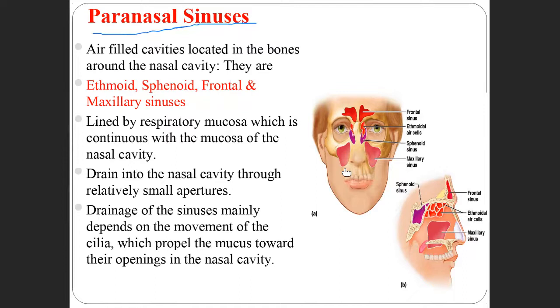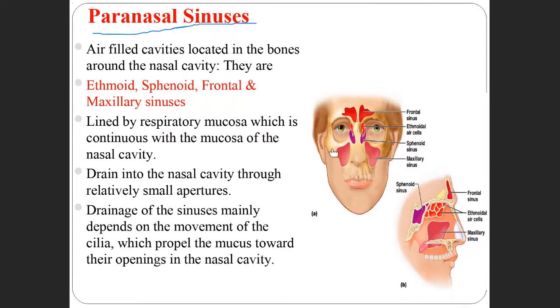Then what are the sinuses? These are air-filled cavities located in the bones around the nasal cavity. Why did I tell you the nasal cavity is important? Because all these sinuses open into the nasal cavity.